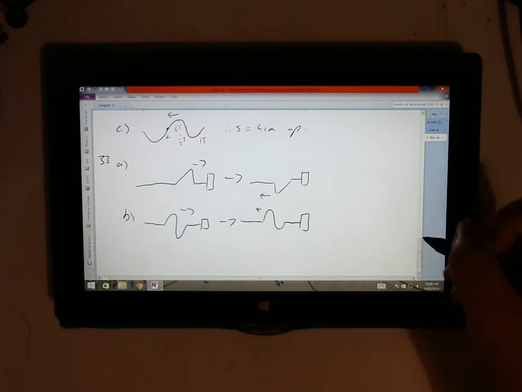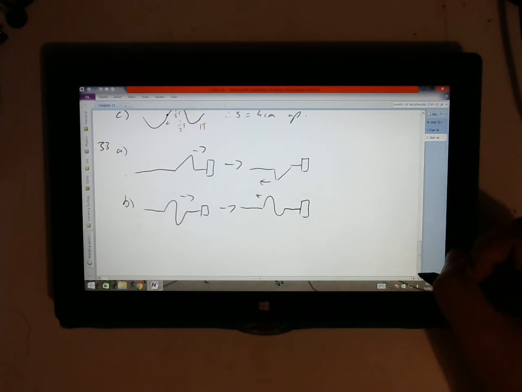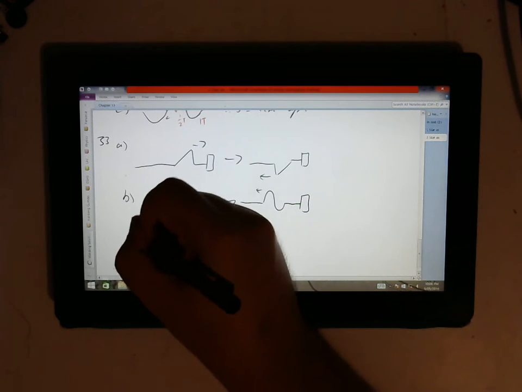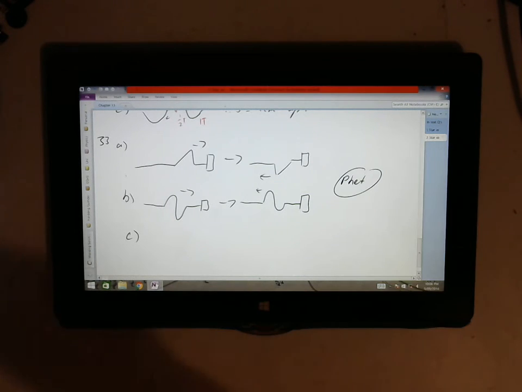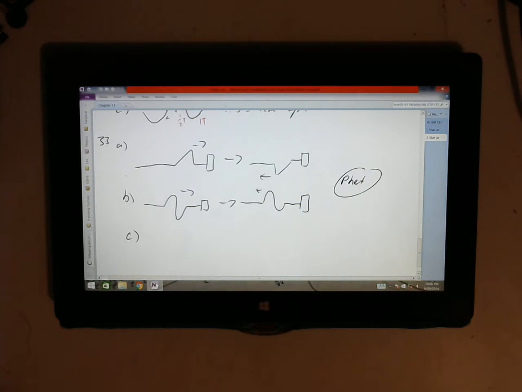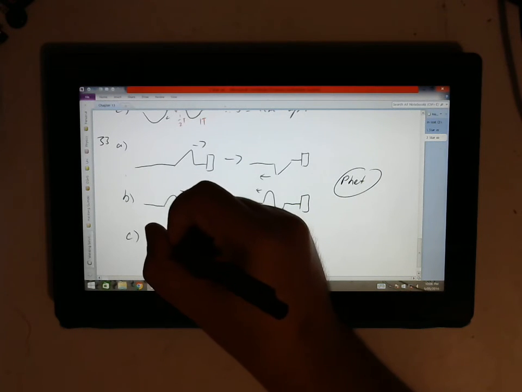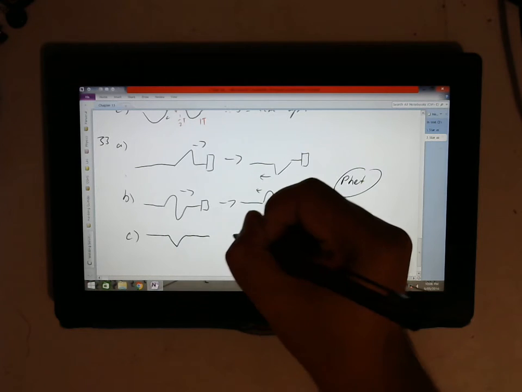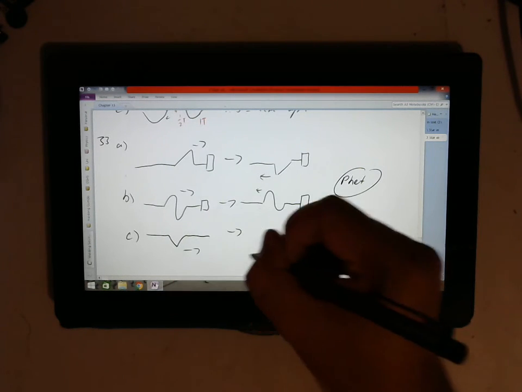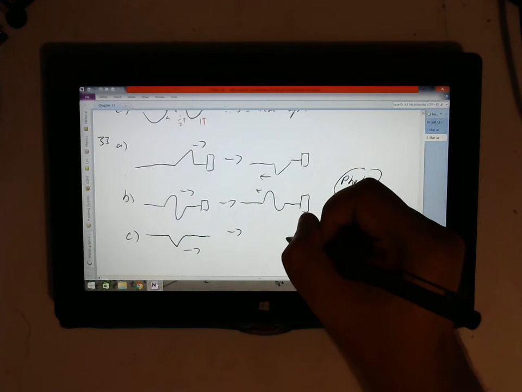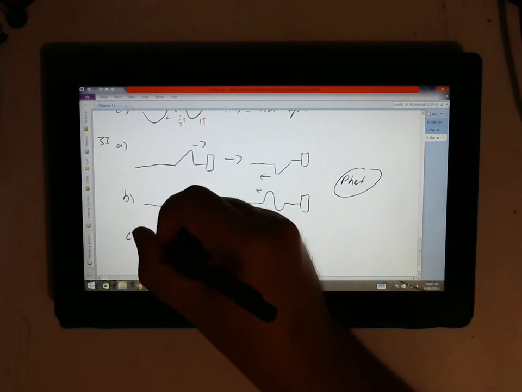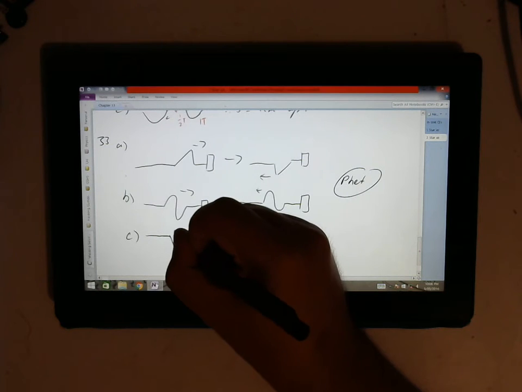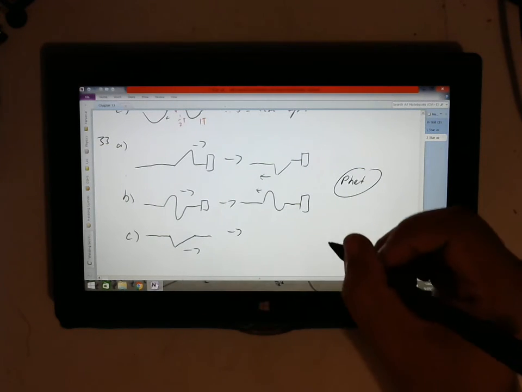Okay, let's have a look at C. Now, C and D are both free ends, which means they're not going to invert. So we're given a wave like that. It will come back the same shape, just, let's make that a bit neater. It goes across, then goes down steep, back gentle, and then over.